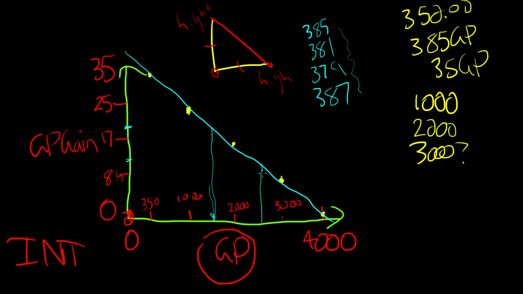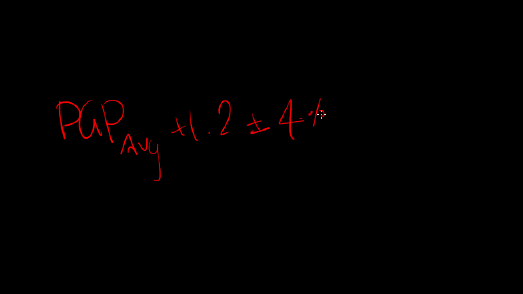So essentially, if we get rid of this screen and go back to the formulas, and we say the parent's average GP plus 1.2 plus or minus 4%. What is this saying if we revisit this? This is basically saying the average of the parent's GP plus 1.2 plus or minus 4%.